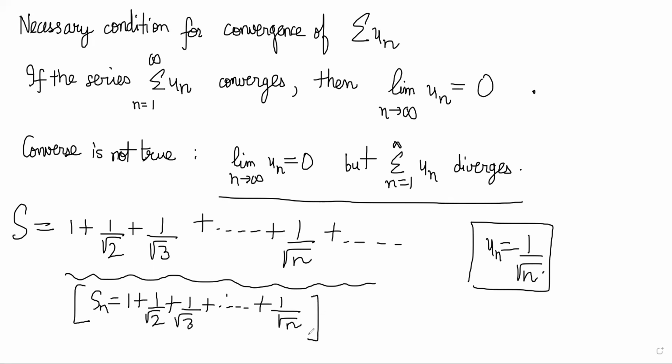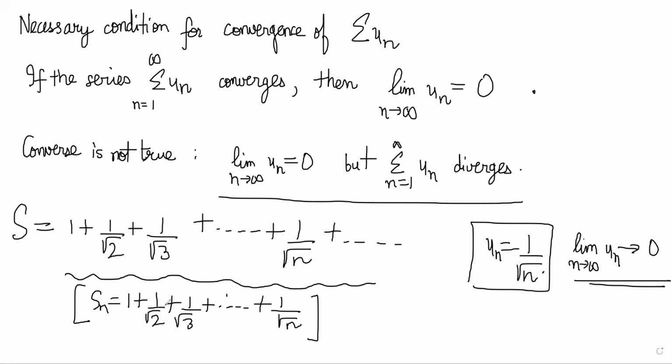This is your Sn, and here you can clearly say that limit n tends to infinity un is tending to 0, right? But is the series converging or not?